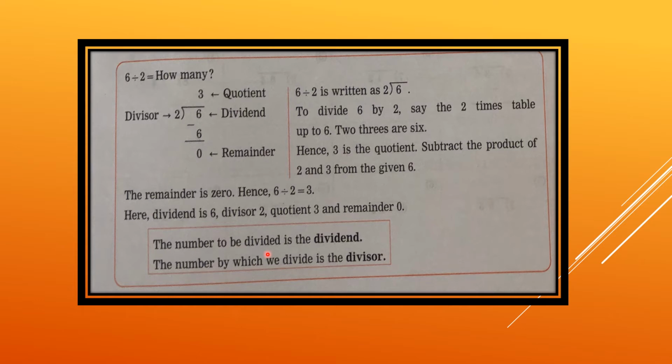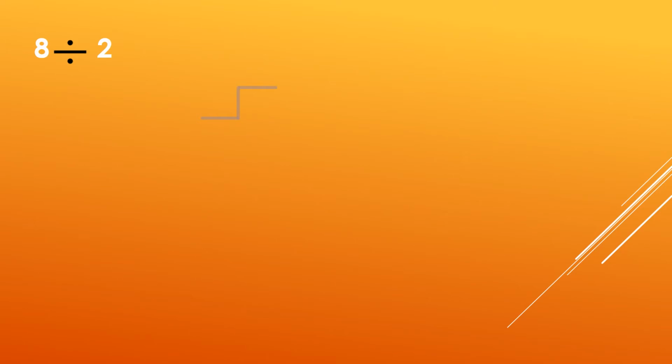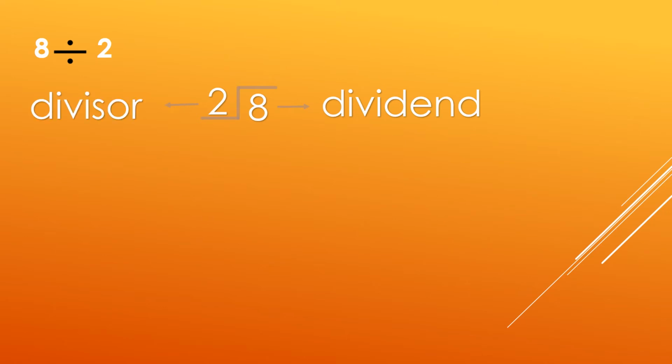The number to be divided is the dividend, what you want to divide. And the number by which we divide it, okay, is called the divisor. So here we have 8, which is the dividend. That is the number we want to divide. Then 2 is the number by which we are dividing it. So that is the divisor.